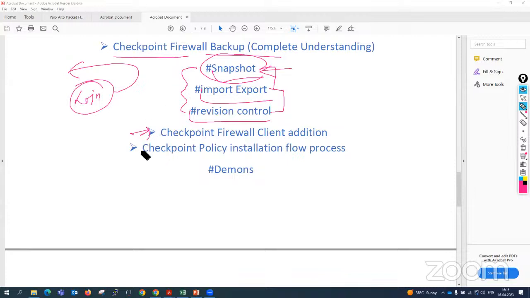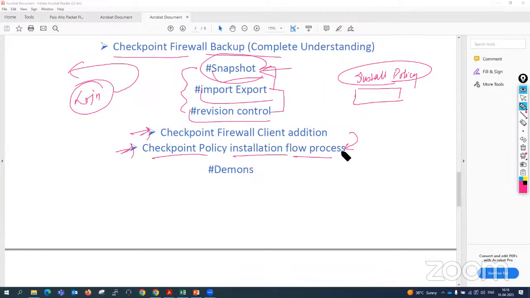Then the checkpoint policy installation: if you have clicked on the button which says install policy, there has to be one process followed in the background, through which the policy is getting installed. That process will be explained over here. That process is called the installation flow process.